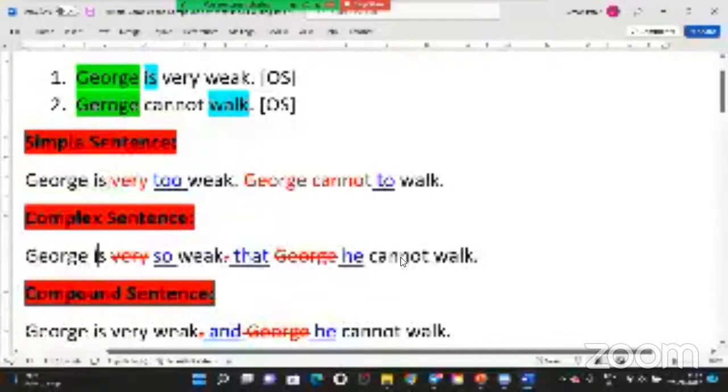And in a compound sentence also, one subject, one verb, and a second subject, second verb. But what is the difference between complex and compound? Compound has a coordinating conjunction, FANBOYS, and a complex sentence doesn't have a coordinating conjunction, but it has a subordinating conjunction, that is non-FANBOYS. So I hope you understood very clearly.